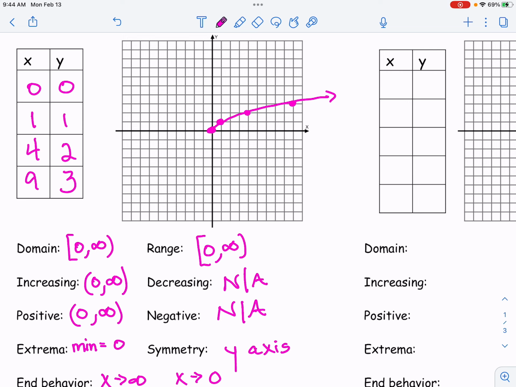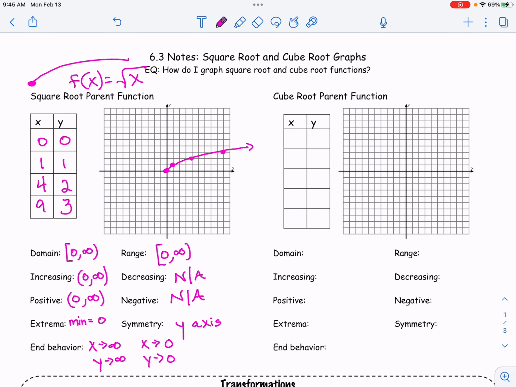The other parent function that we're going to look at is the cube root function. Okay, so we have a cube root function. The equation looks like this. It's going to look like a snake. So it's going to go through 0, 0.